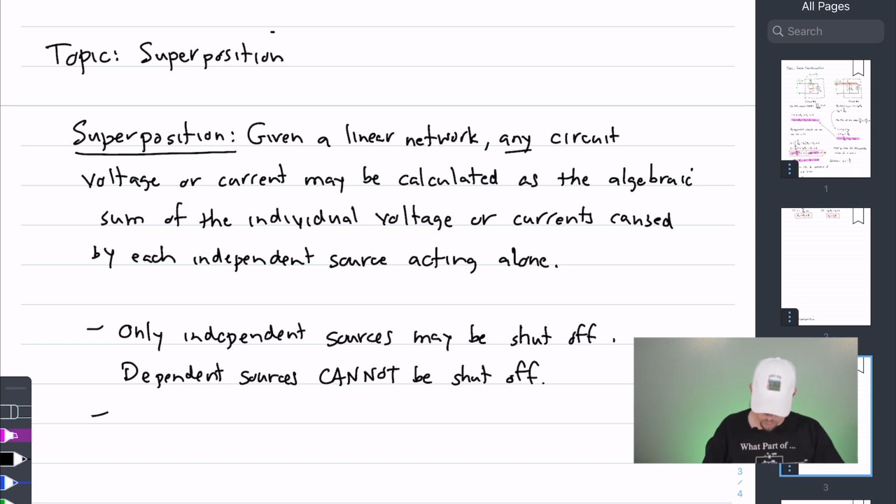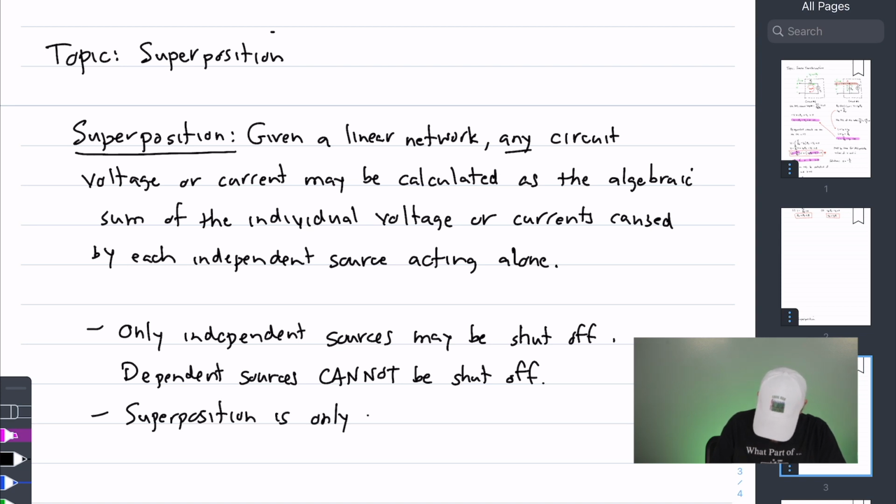Right? So superposition is only useful if you have two or more independent sources.